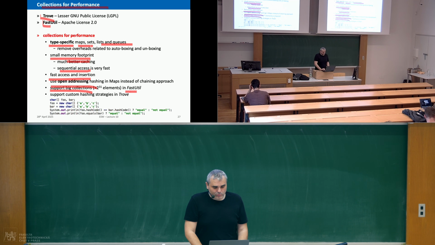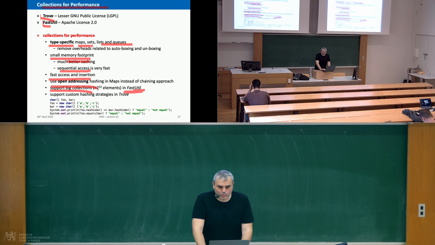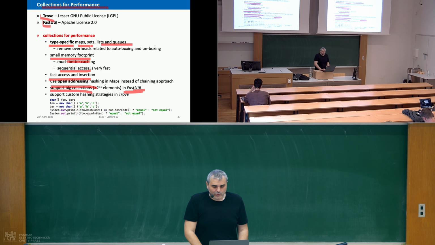In case of FastUtil, it supports big collections, bigger than 2 power 31, because I've mentioned that the standard array representation header contains those 4 bytes for the number of elements. 4 bytes, 2 power 32.